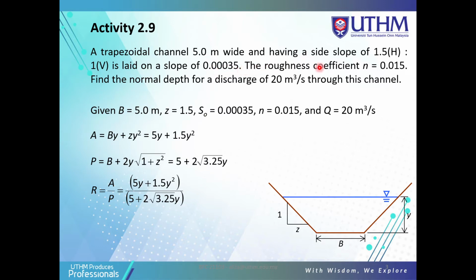The roughness coefficient n is given as 0.015. So find the normal depth for a discharge of 20 meter cube per second.